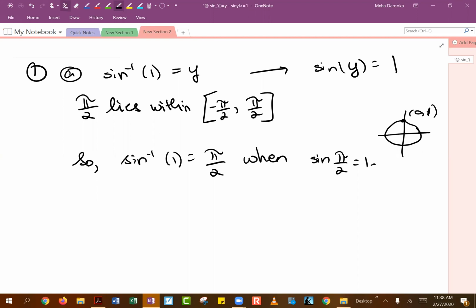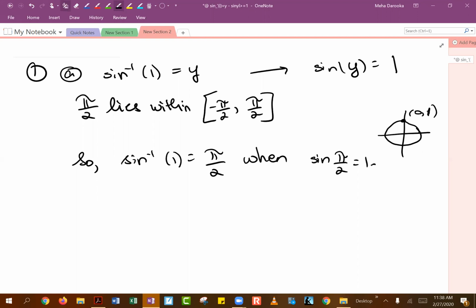So sine is equal to 1 only at this unit circle value, right? Because you're going to have 1, 0 as our ordered pair here at the starting point. So your sine function is 0 at the 0 angle. Sine function is 0 at the pi angle, right? Only at pi/2 and 3 pi/2 is your sine function going to be 1 or -1.